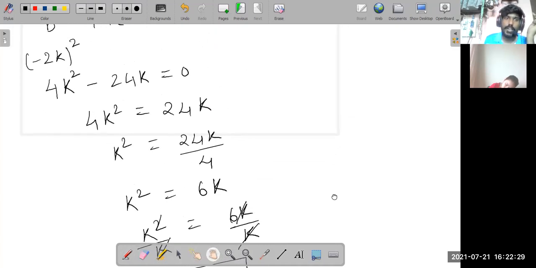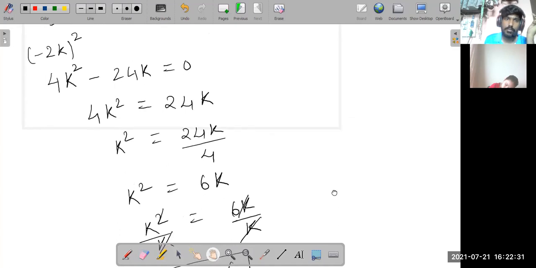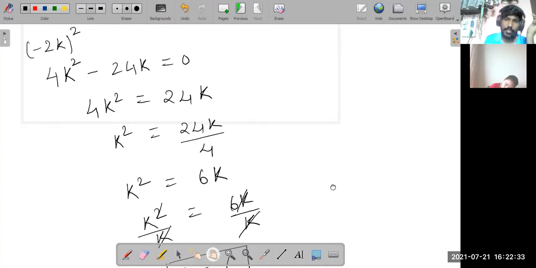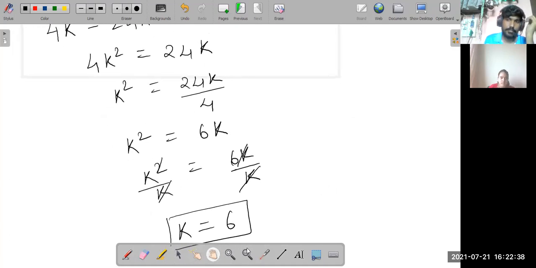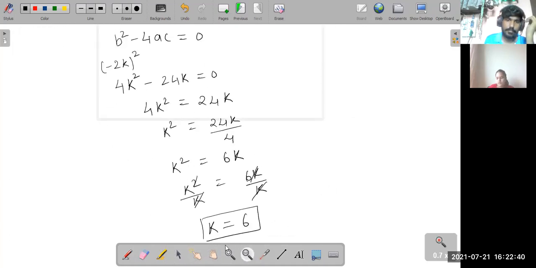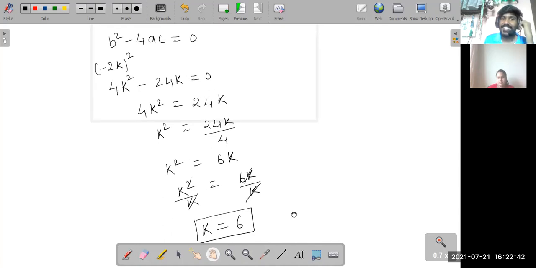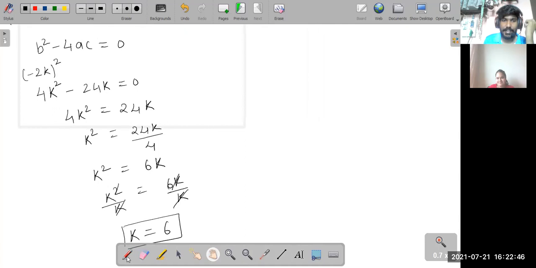You can do it this way, or there's one other way of doing it. Is it shorter than this? I think it should be shorter. I'll show it to you, and you decide whether it is shorter. So it is 4k square minus 24k is equal to 0.